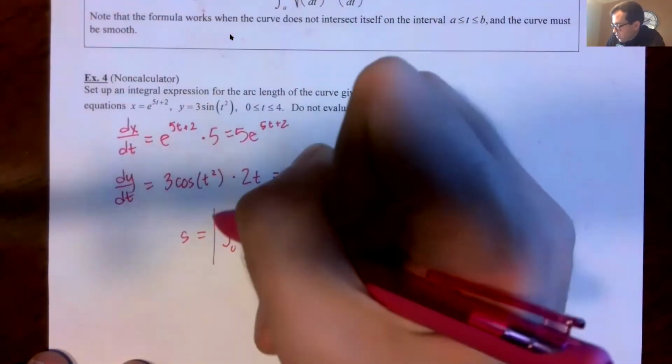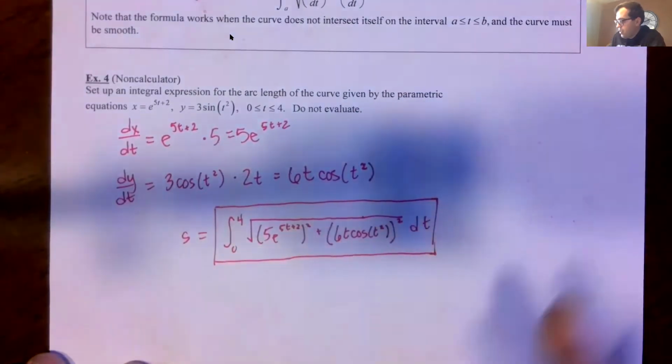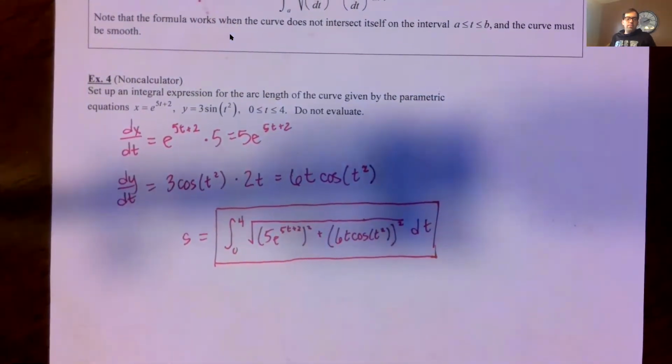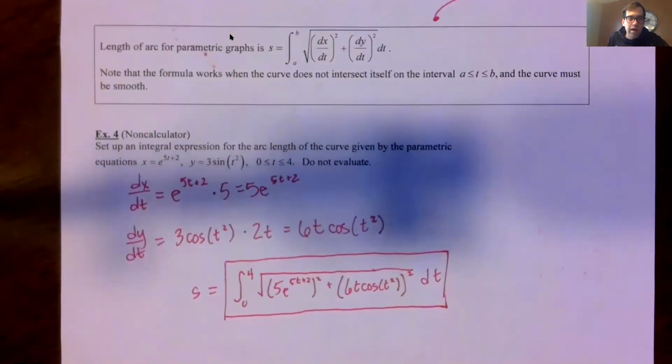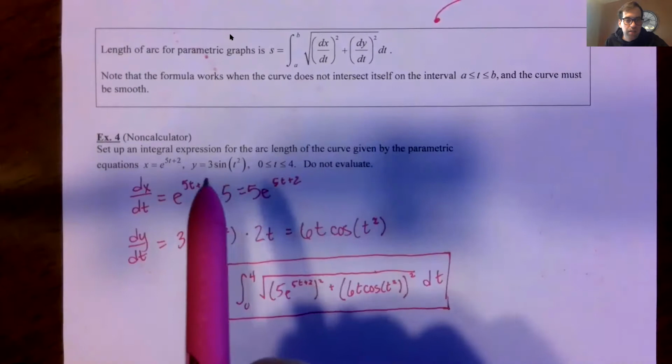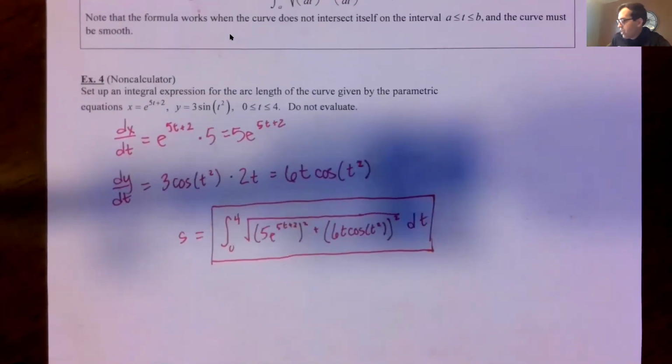Okay? So all we had to do was set that integral up. We don't have to solve it or evaluate it, but we did that correctly. And if we wanted to, we could go to our graph just to make sure that this curve does not intersect itself, but I'll tell you right now that it doesn't, so we can save a little bit of time in this video.